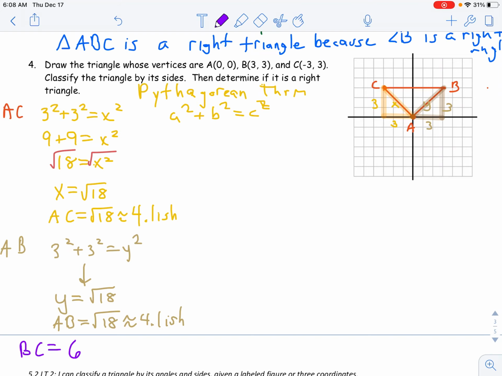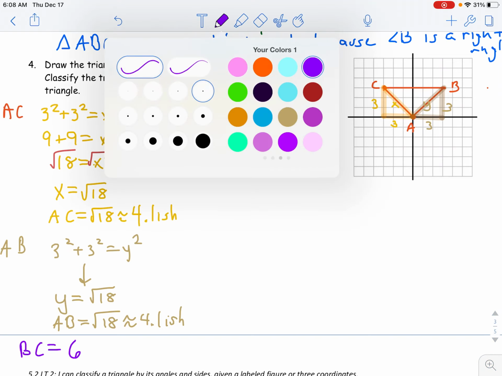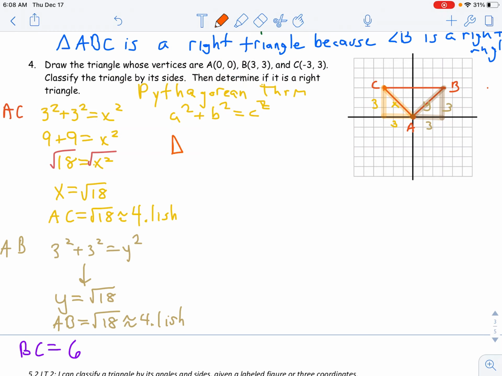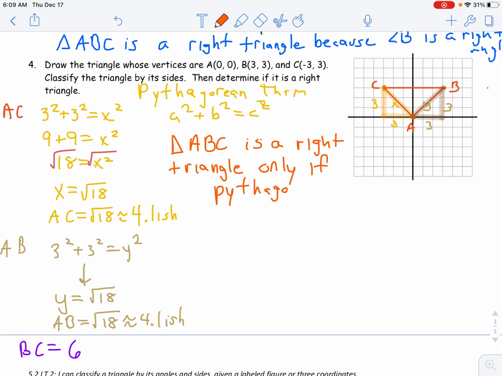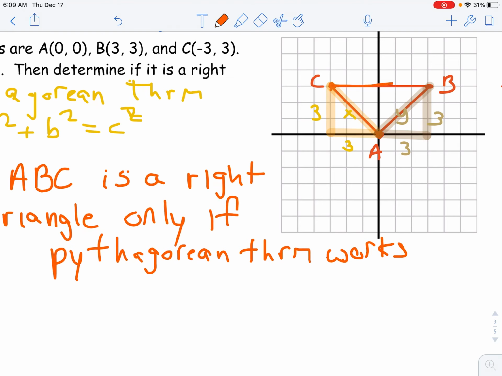All right. Now, also, when focusing on triangle ABC, triangle ABC is a right triangle only if Pythagorean theorem works. So this side right here, CB, that's the hypotenuse.